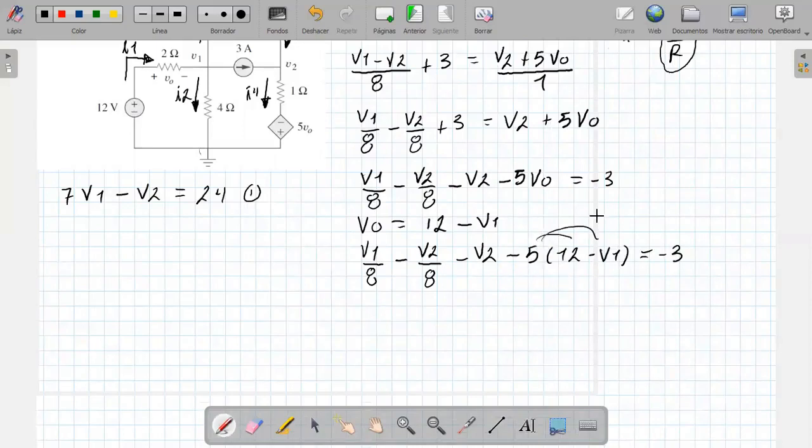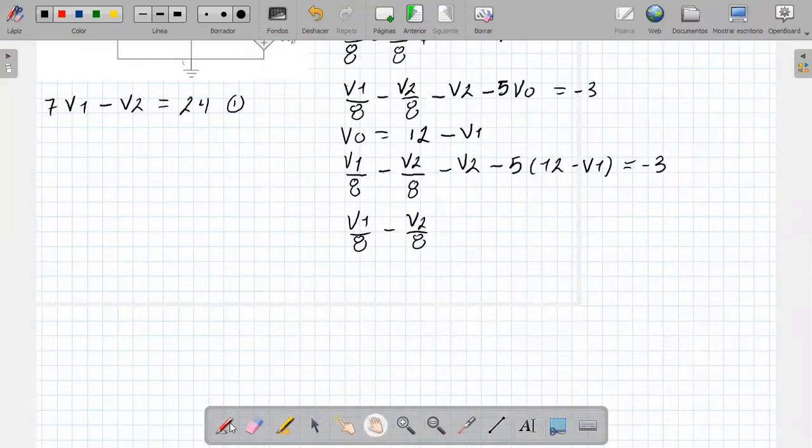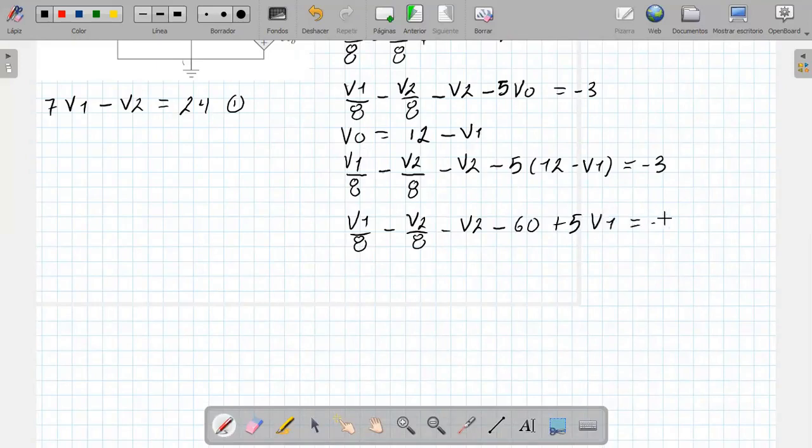Now I'm going to multiply this out, and I have B1 over 8 minus B2 over 8 minus B2 minus 5 times 12 is 60, plus 5 B1, equal to negative 3.